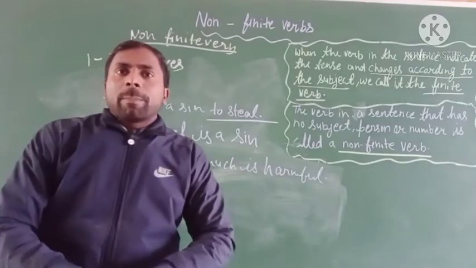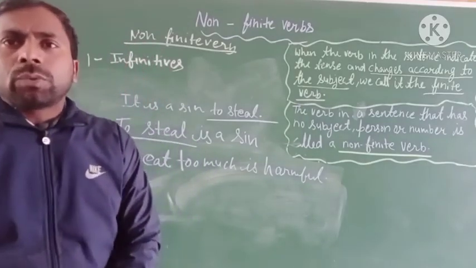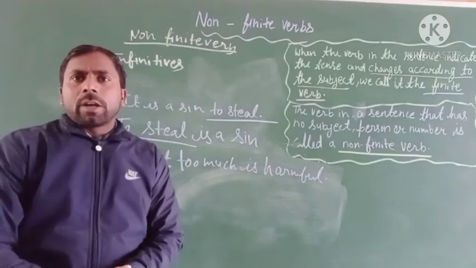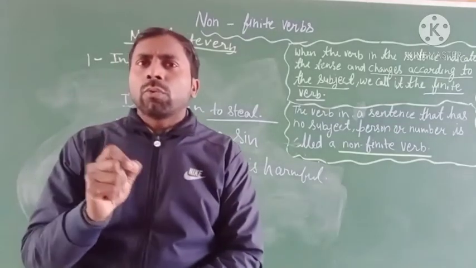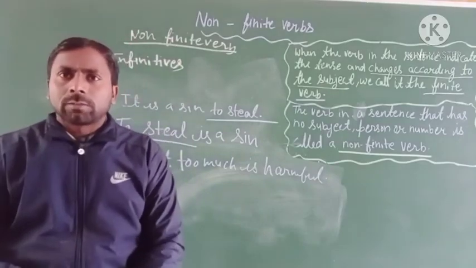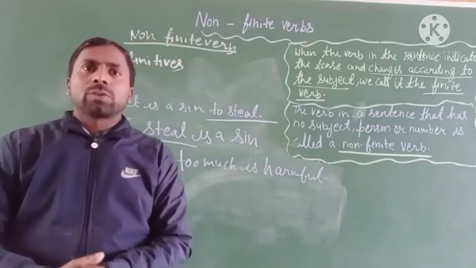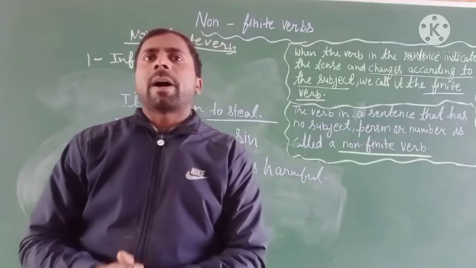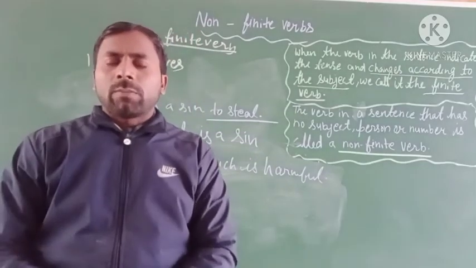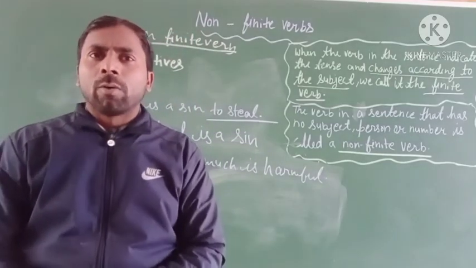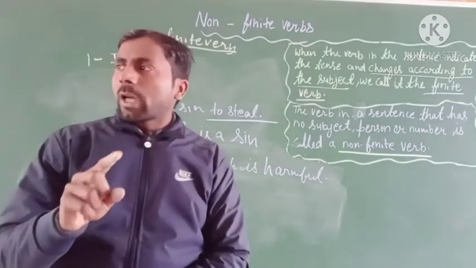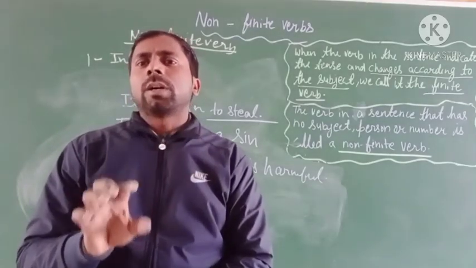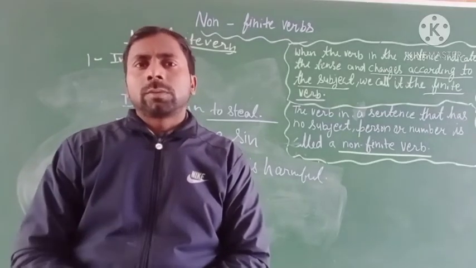But in many places we cannot use the infinitive verb with to. For example, we use the infinitive verb without to after modal auxiliaries, like must, can, should, shall, will, may, might, would and could. For example, I must go home now. After must we cannot use to.